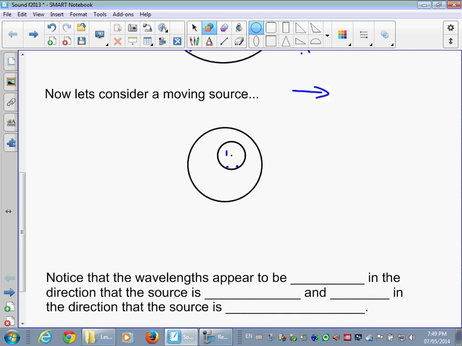So let me draw a little circle about that size. Go back. So we'll say right about there. So now this circle will be expanding from the point where it was created, which is right over there.